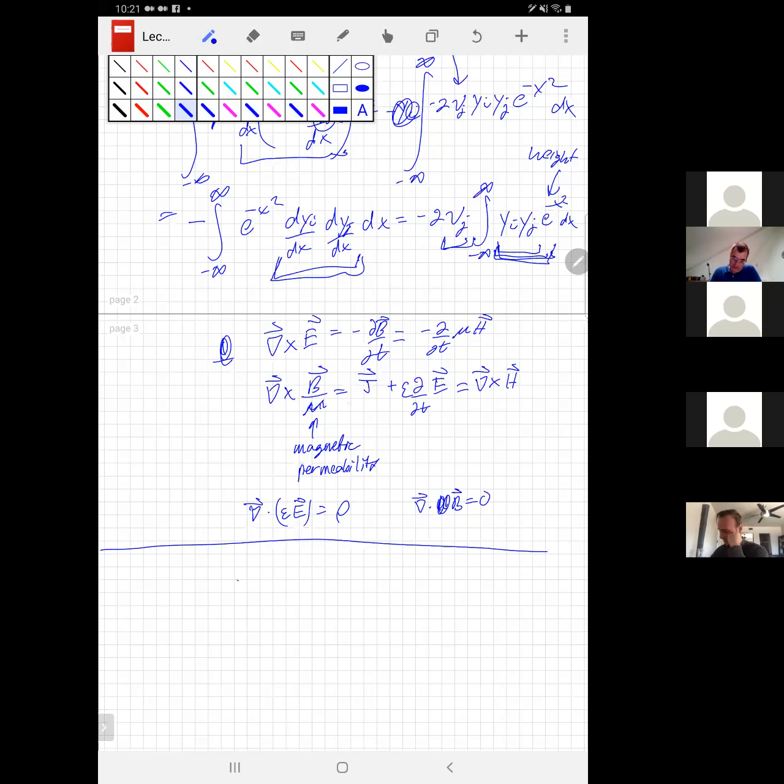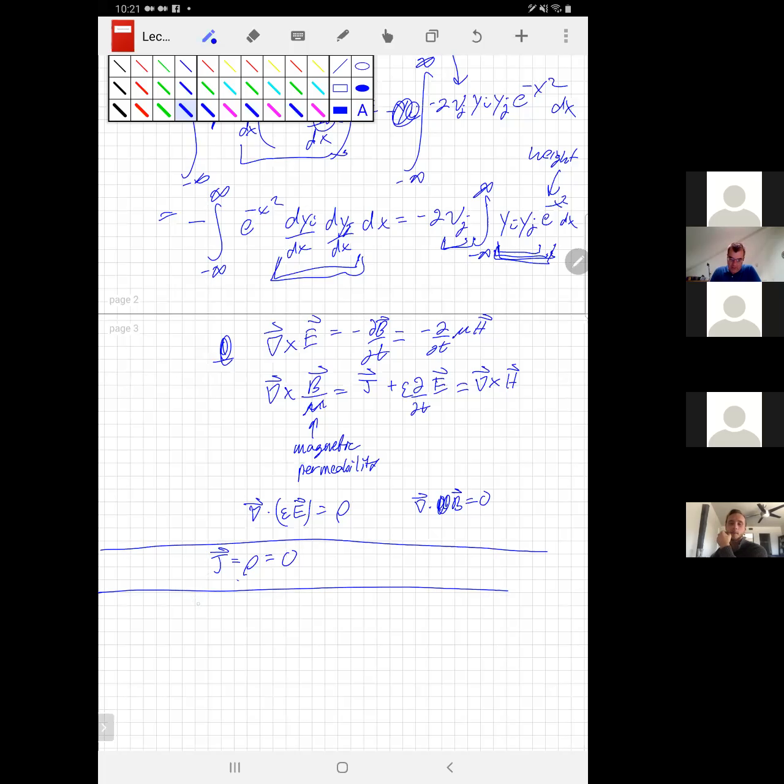So I could rewrite this. Let's say that J equals rho equals 0. We're in space that might have materials but has no free charges. All of the charges that we're going to worry about are already in materials. And so the motion of those charges is captured in the properties of the materials.